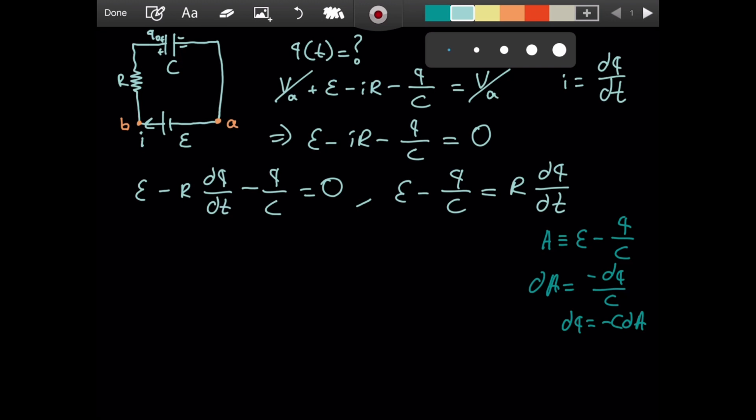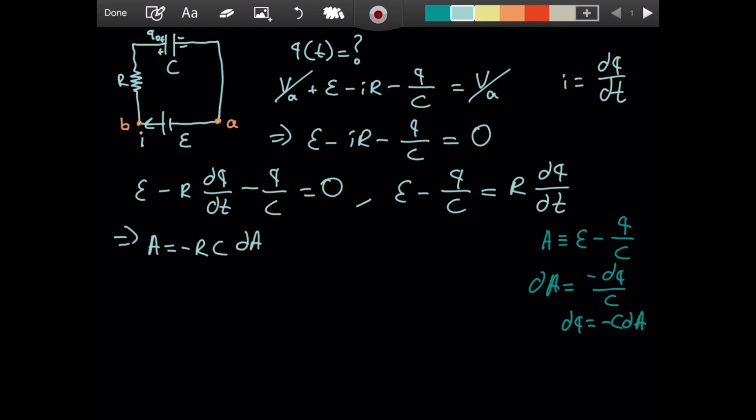If I substitute this here, on the left we have A, on the right we have R, and then for dq we write negative c dA, so negative c dA divided by dt. Now I want to have dA and A on the same side so that I can take an integral.